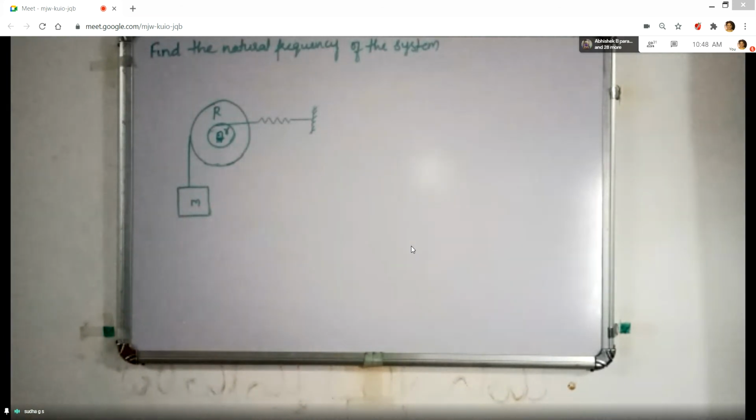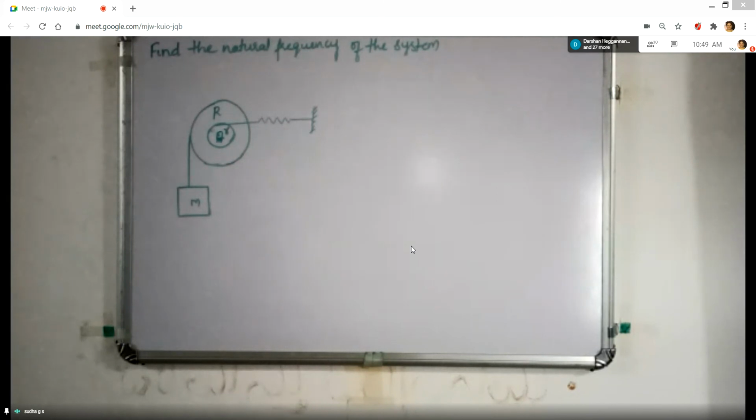Varieties of such problems can be solved on spring mass pulley systems. Small r for the small pulley and capital R for the outer pulley. Again here you can see that there are 2 kinetic energies.